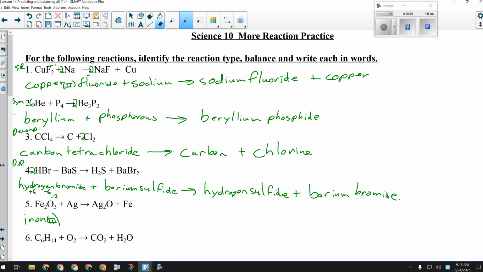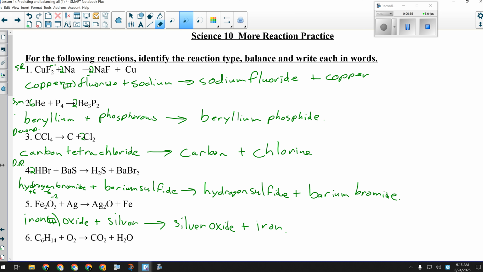So iron(III) oxide. It's reacting with silver, and that is going to produce a different ionic compound, silver oxide, and iron. So that's what our word reaction should look like.